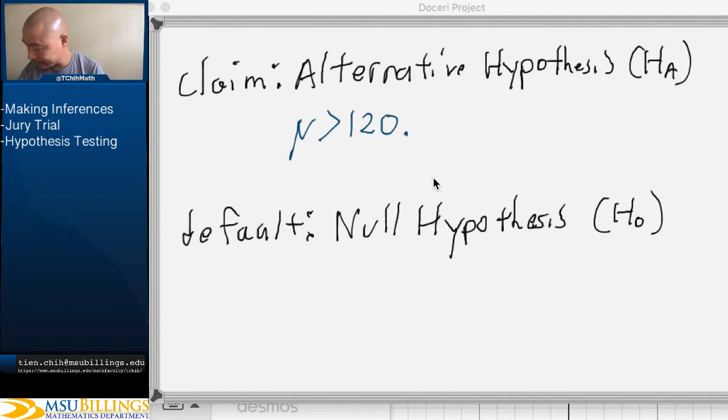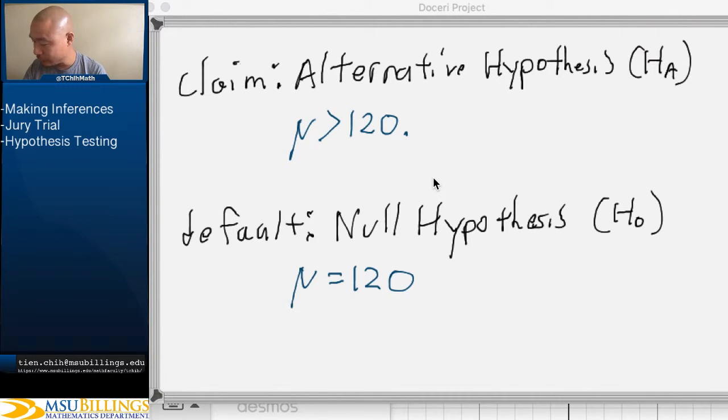And in our case, and this is a little confusing at first, we would say that the population mean weight of purple microelephants could be 120.